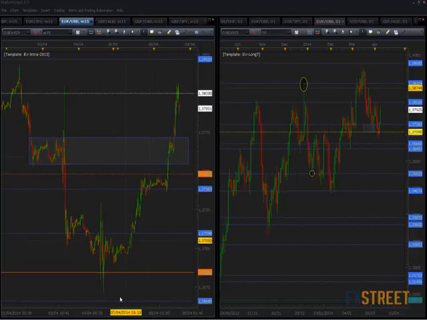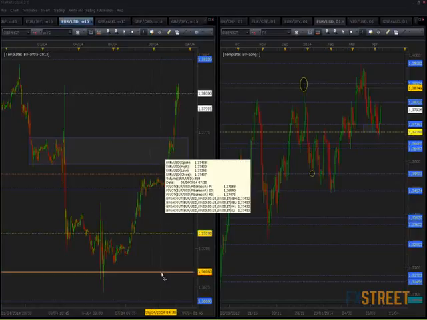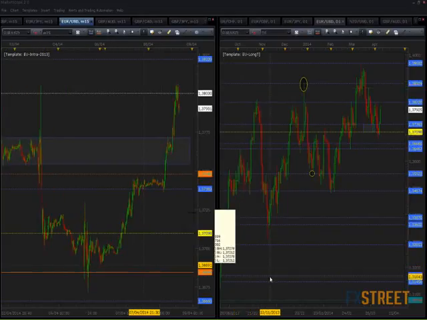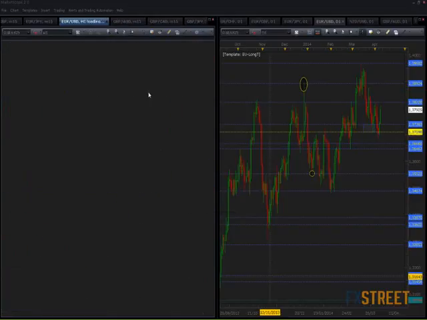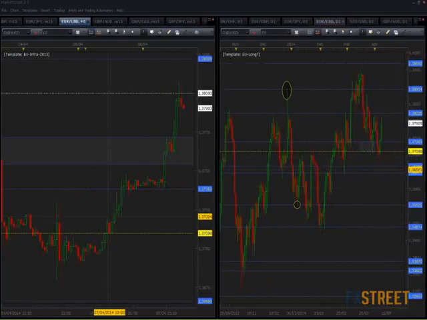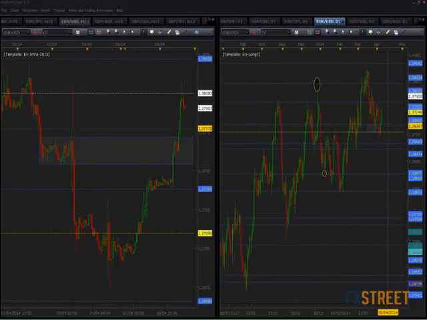This is the yellow line. Everything began here. I'm going to remove a little bit of noise here. So this is the euro dollar 1 hour chart on the left and the euro dollar daily chart on the right. You can ask me, where is this yellow line coming from?